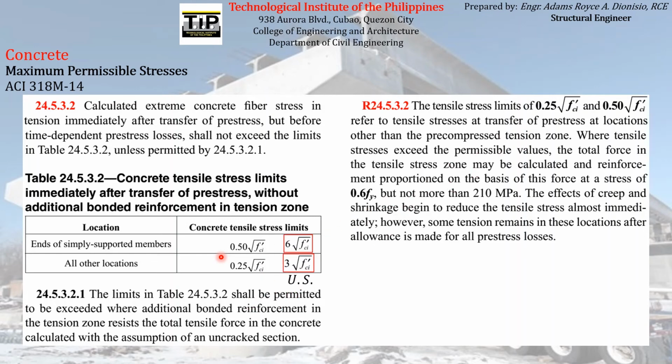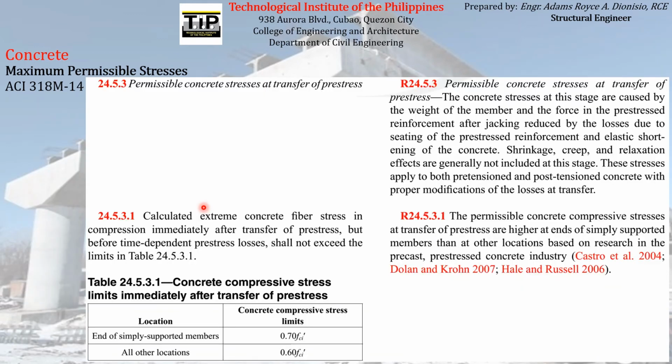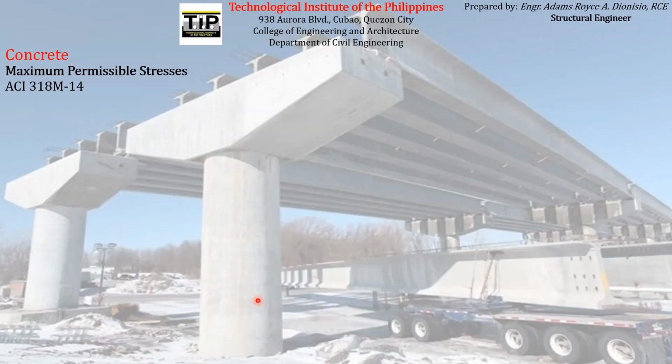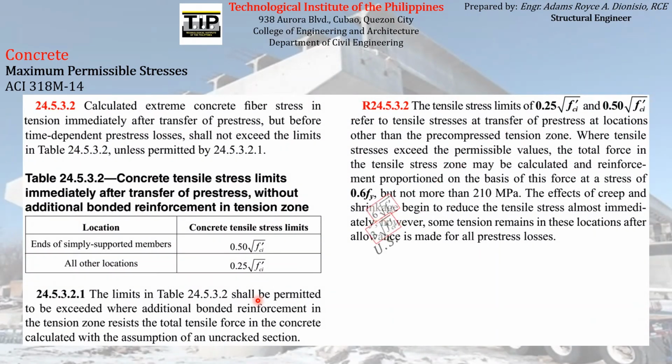Although the US customary formula for this is actually this, just for your information. And again, those are just the limitations at transfer stage. This is the tensile limit, and the other one a while ago is the compressive stress limit at transfer stage. So you have to take note of that.